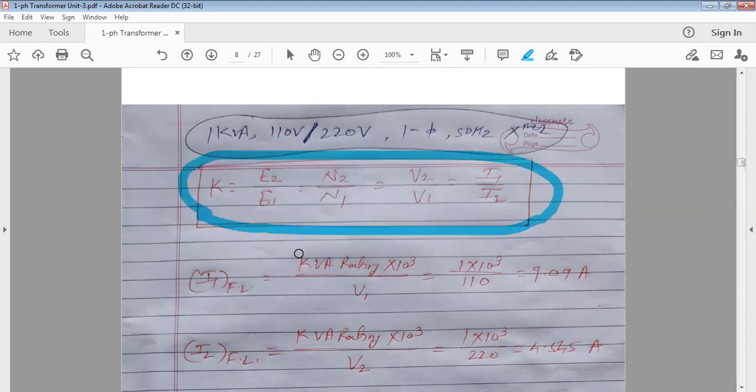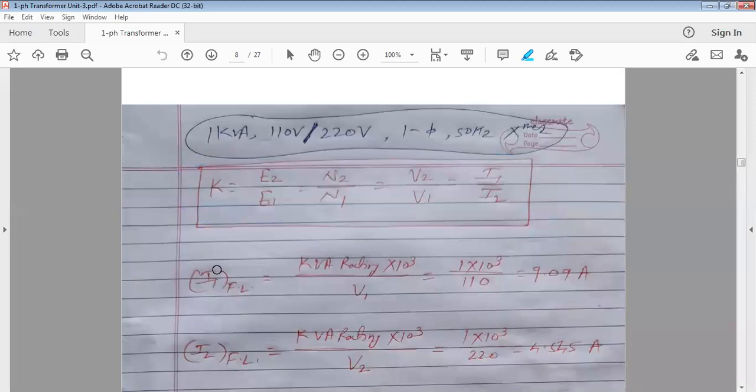K is equal to E2 by E1 is equal to N2 by N1 is equal to V2 by V1 is equal to I1 by I2, isn't it? But when some load is there on the transformer, you can't say E2 is equal to V2 and E1 is equal to V1, isn't it? Got the thing? Everyone clear?